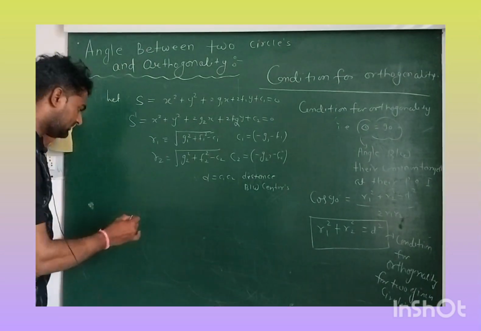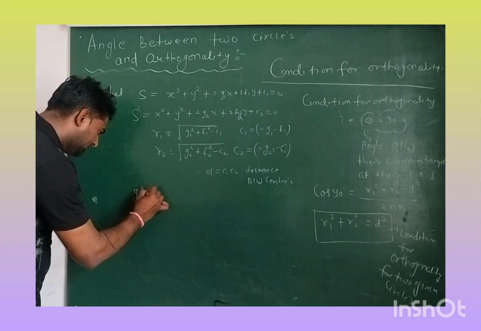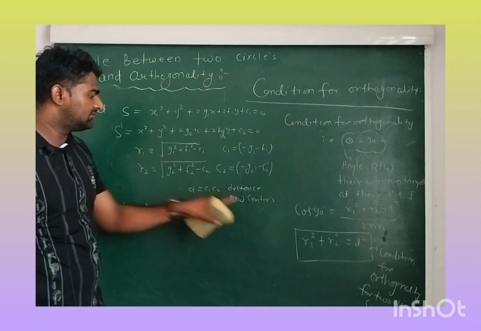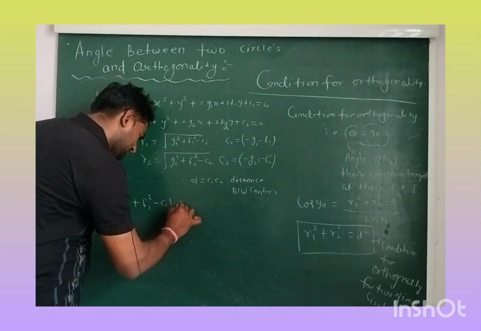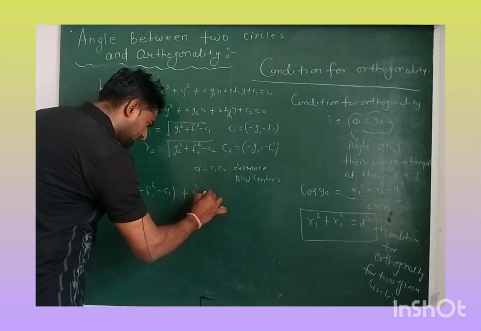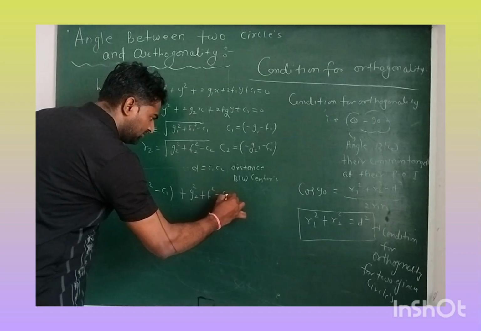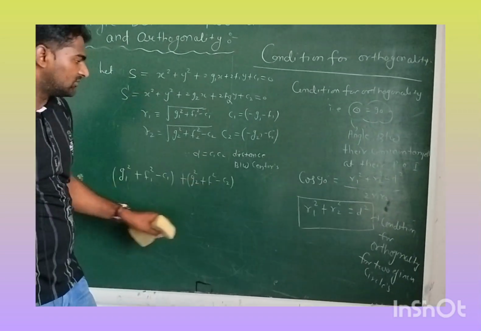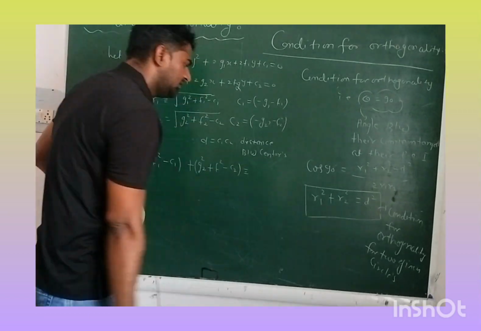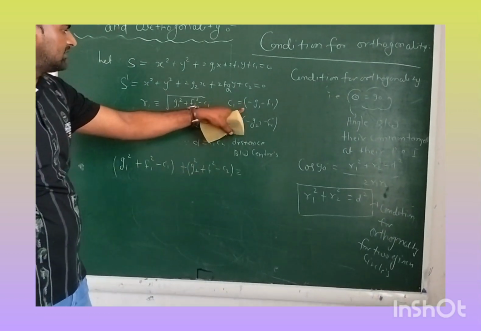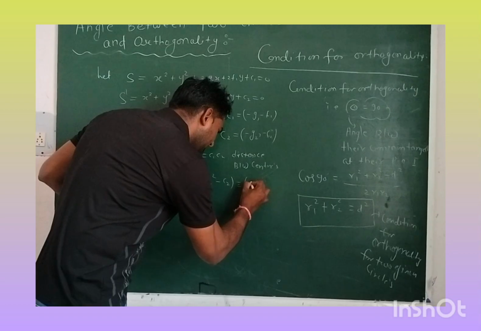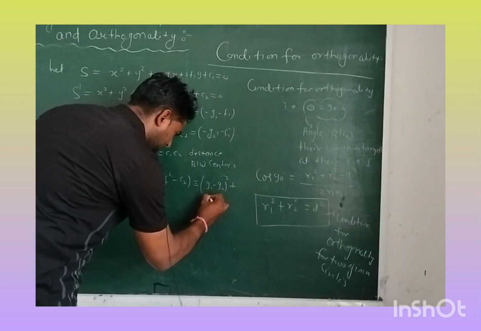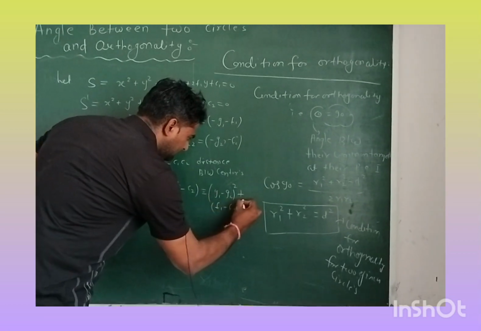So what is r1 square? g1 square plus f1 square minus c1, that is r1 square, plus g2 square plus f2 square minus c2 is equal to d square. Now find C1 C2. Here we know this center, here we know this center. So how much do we get here? g1 minus g2 whole square plus f1 minus f2 whole square.